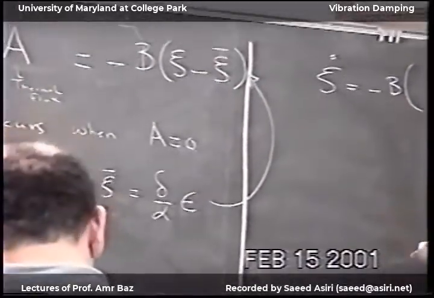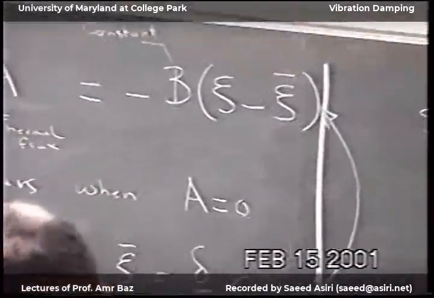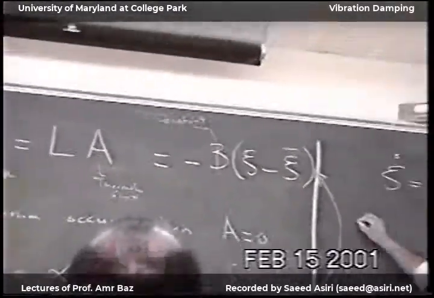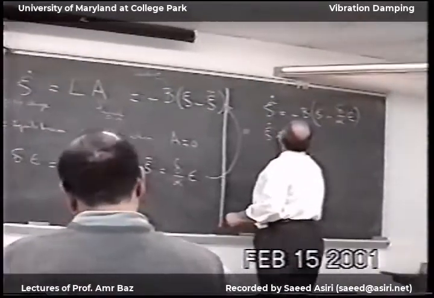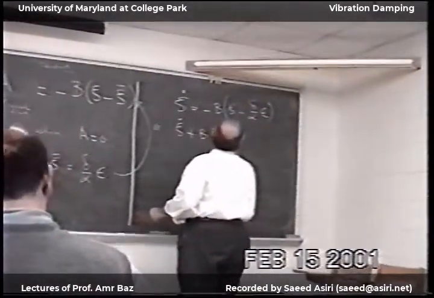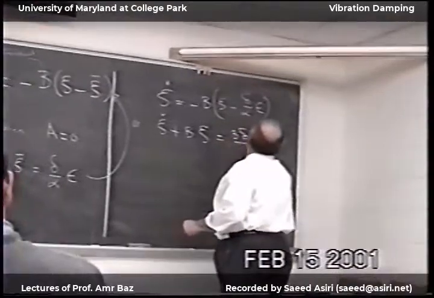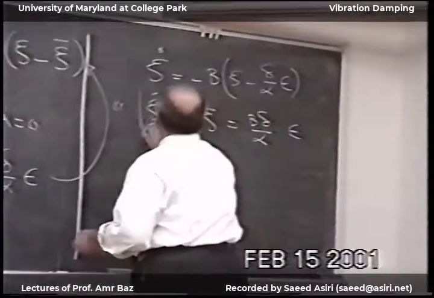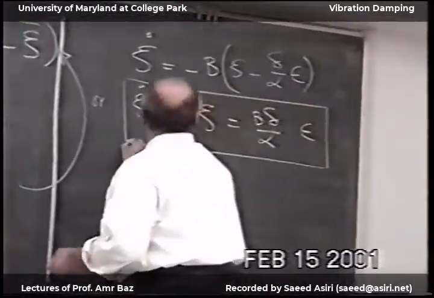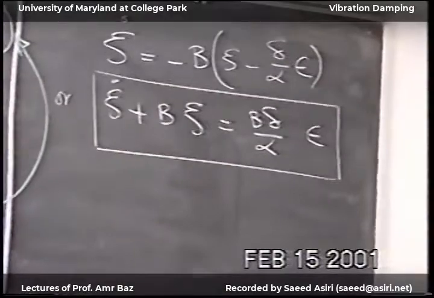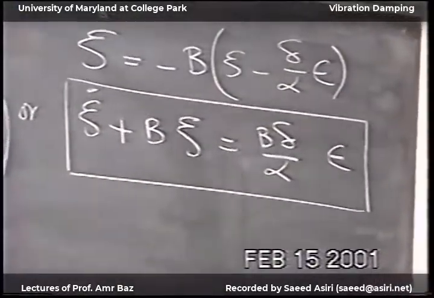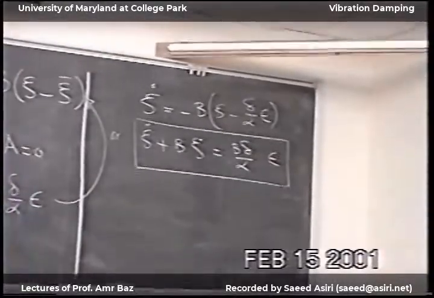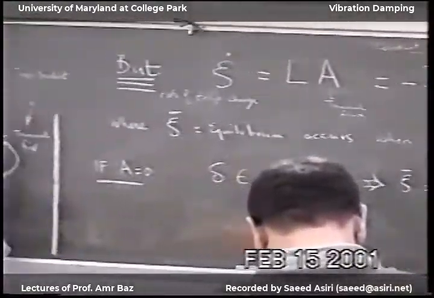So now we have zeta dot equal to minus B times (zeta minus delta over alpha epsilon). I'm going to call this equation 1. This is equation 2.